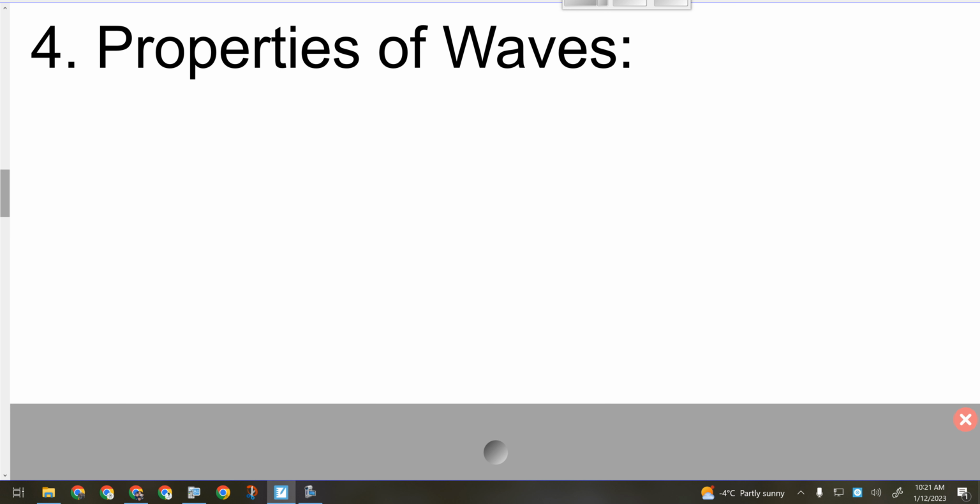What are the two kinds of waves? Transverse and longitudinal. Those are the kinds of things that could definitely show up in a multiple choice question, different kinds of waves.